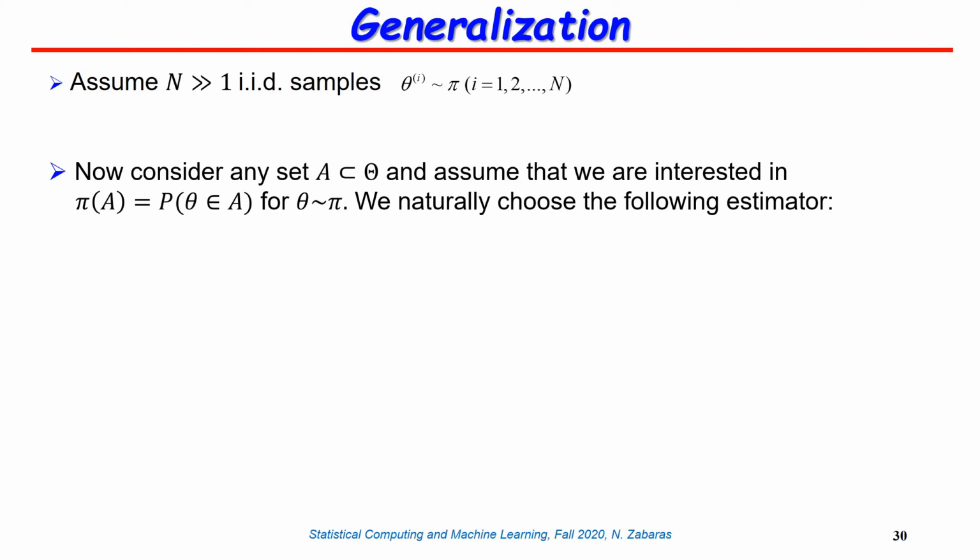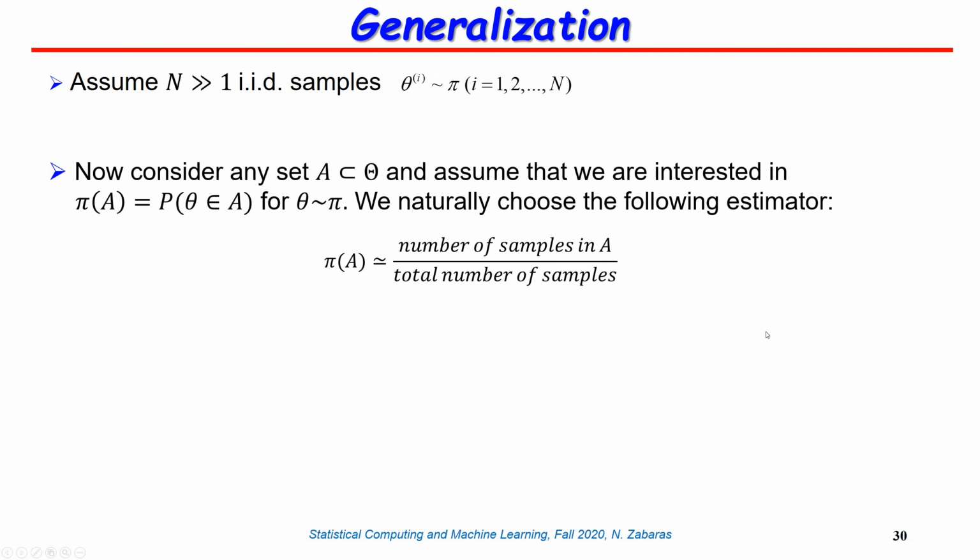But let's take samples theta i from any distribution pi, and let's say that we want to compute the probability that theta is in some domain A of my sample space capital theta. So think of this being our square before, A being the circle, and I'm asking what's the probability that I will hit the circle. But we generalize this by asking what's the probability of A, where A is a subset of theta.